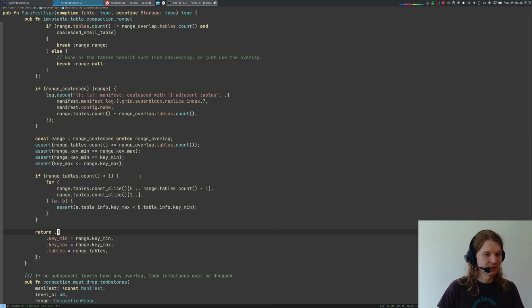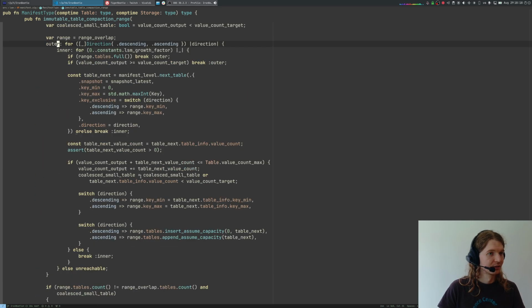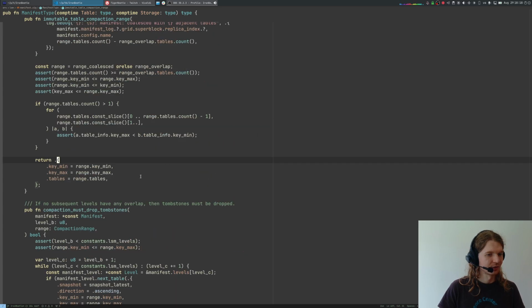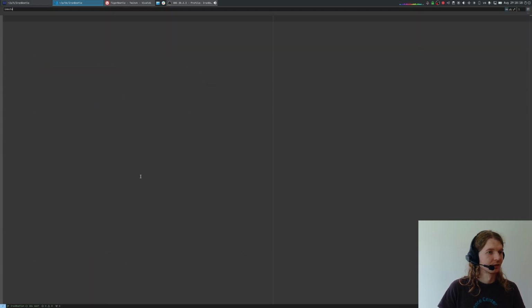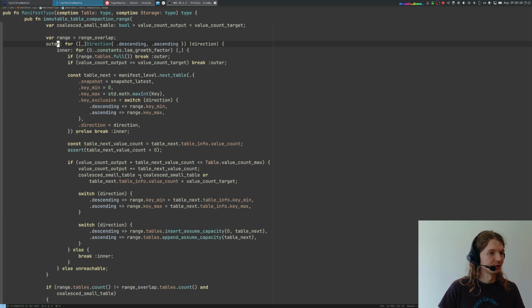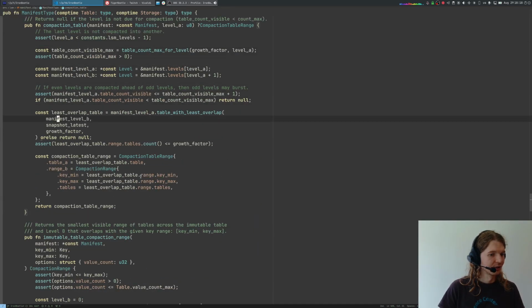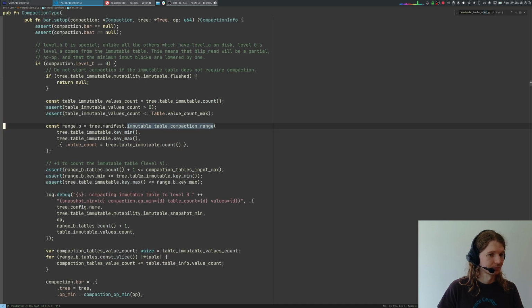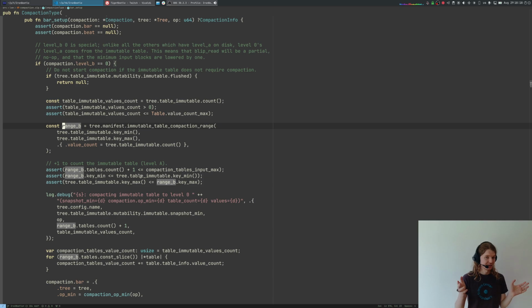So this is, well, this is compaction range. Okay, I'm lost where we are. So this was table mutable compaction range. We are calling this from. Okay, yeah. So now we can continue our setup.